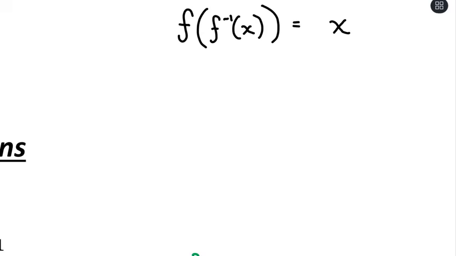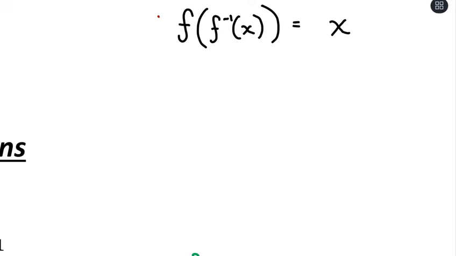So with inverse functions, they kind of undo each other. So if we set it up where we're taking our function f and we plug in our inverse function, this has the property that if we take the inverse and plug it into the original function, all we should get out is just x.